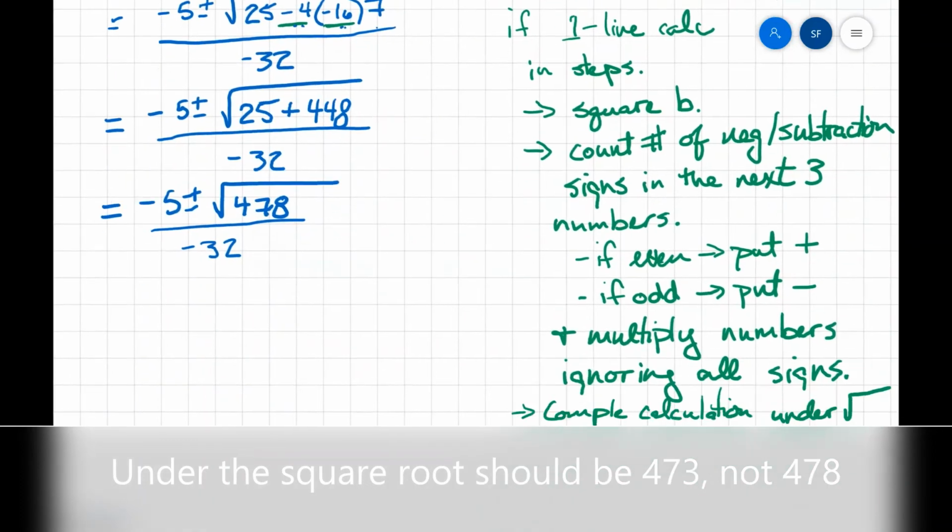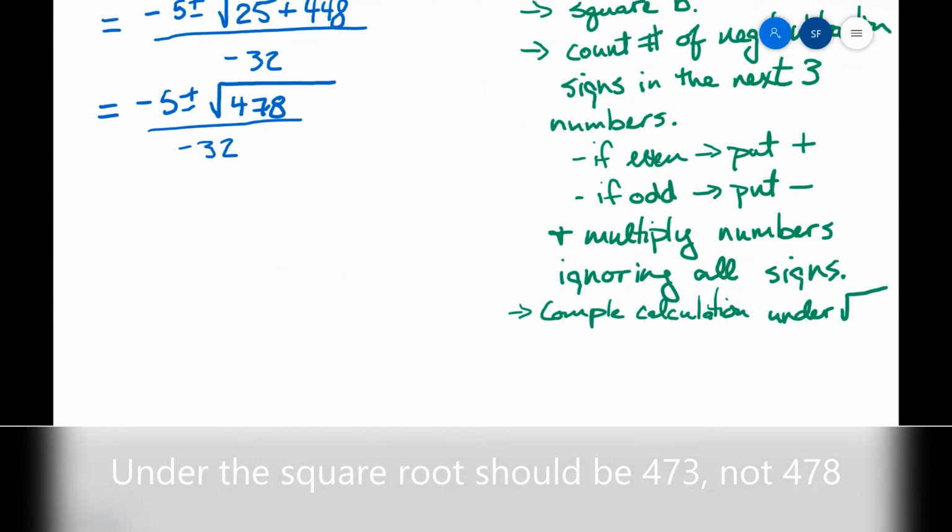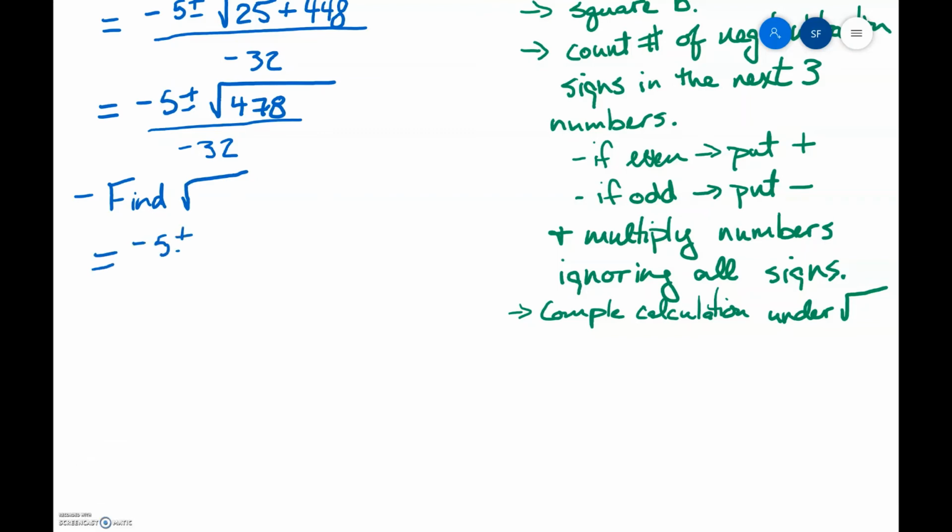Now go ahead and find the square root. Probably it's going to be some big decimal. Rarely it's not. This one ends up being 21.7486, still over -32.